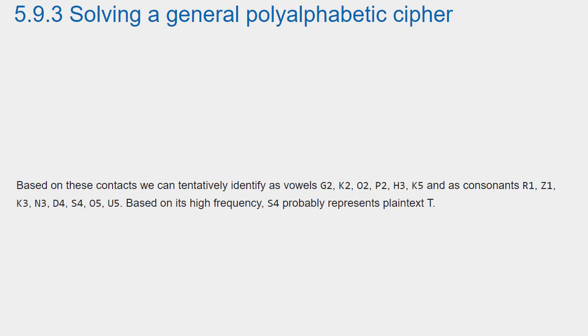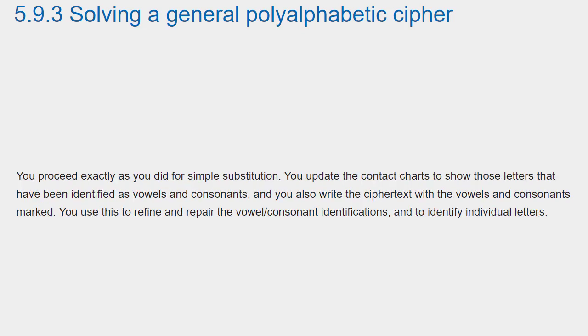Based on these contacts, we can tentatively identify as vowels G2, K2, O2, P2, H3, K5, and as consonants R1, Z1, K3, N3, D4, S4, O5, U5. Based on its high frequency, S4 probably represents plain text T. You proceed exactly as you did for simple substitution.